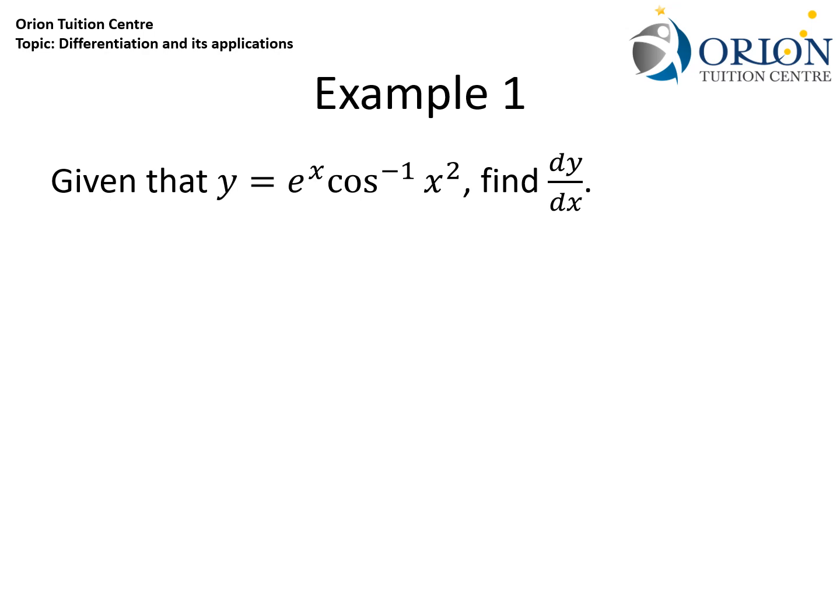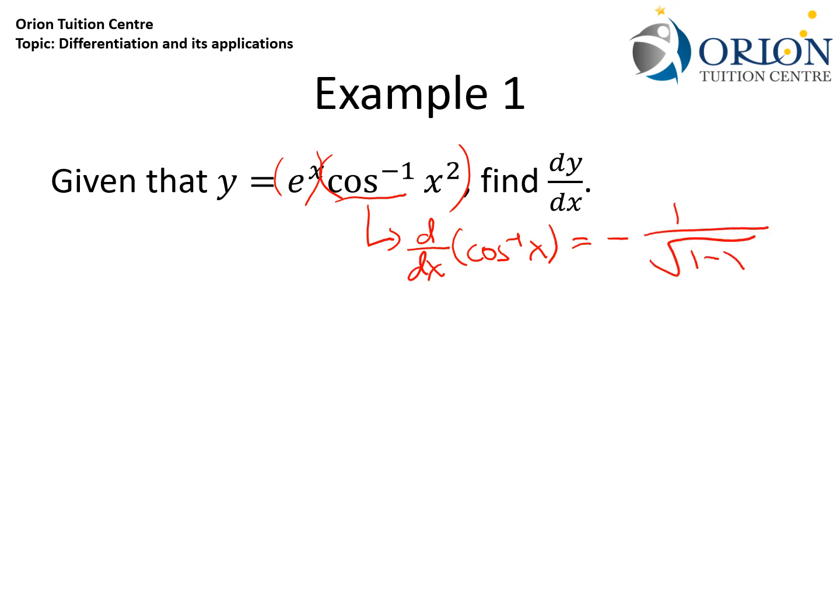In example 1, the term that we are asked to differentiate is a product of two terms, e^x and cos inverse x squared. So we know we need to do product rule. Next, to differentiate cos inverse, we know we need to use the formula d over dx of cos inverse x equals negative 1 over square root 1 minus x squared.